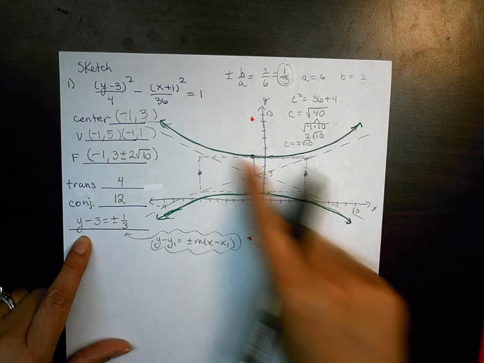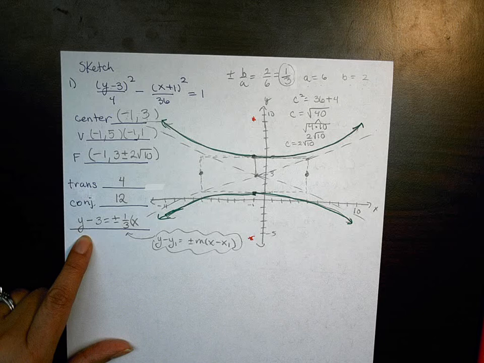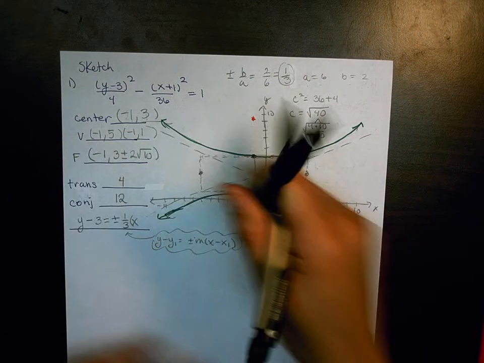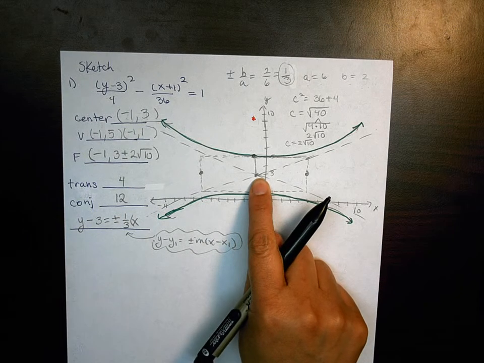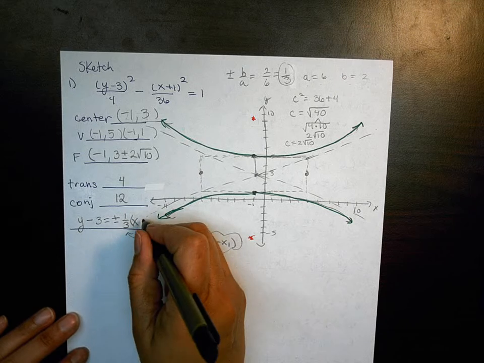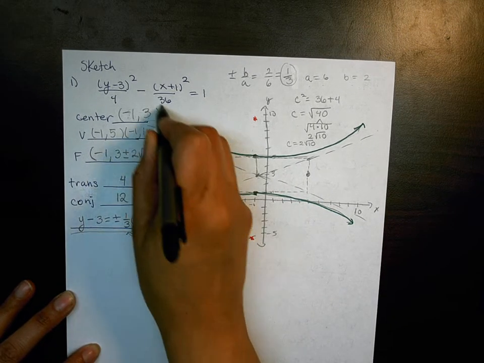There are 2 asymptotes. And then x minus the x value of our center, because both of them cross at the center. What's x minus -1 going to be? Plus 1. And those are all of my answers.